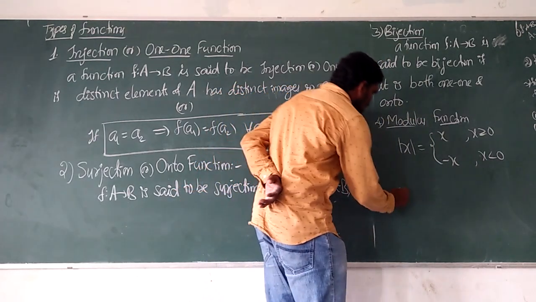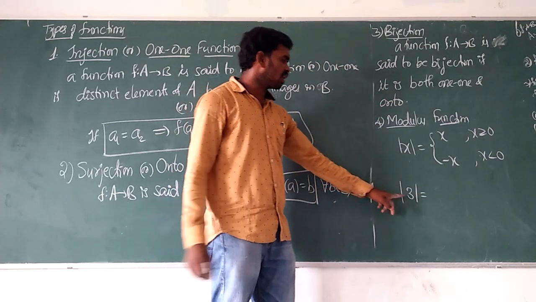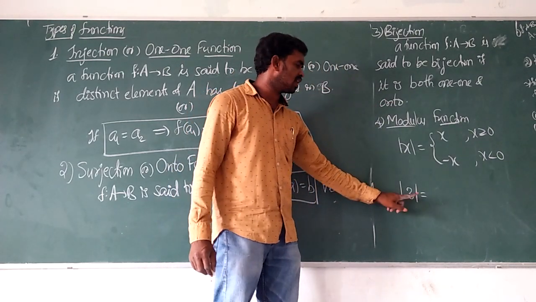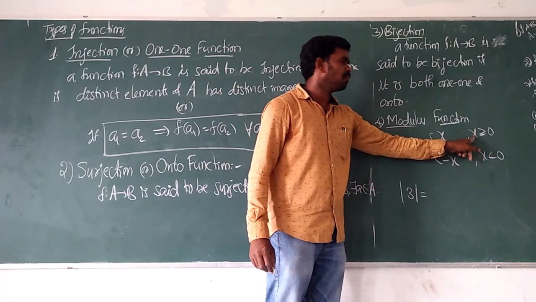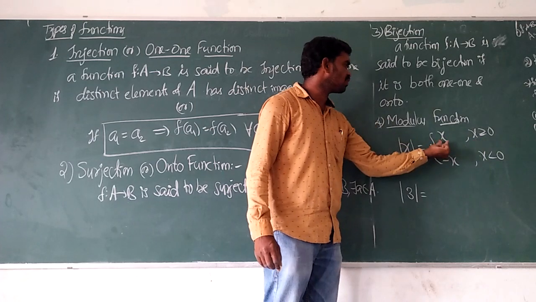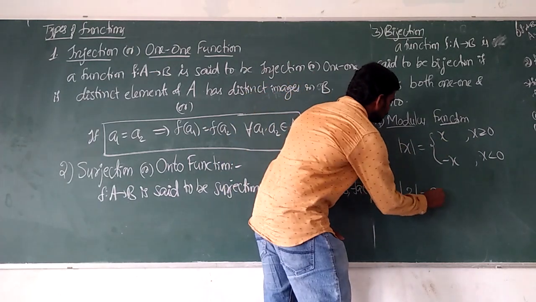For example, what is modulus 3? Modulus 3 equals, what about 3? Is 3 positive or not? Yes, positive. So whenever it is more than 0, whenever it is positive, we take direct x, here direct 3.